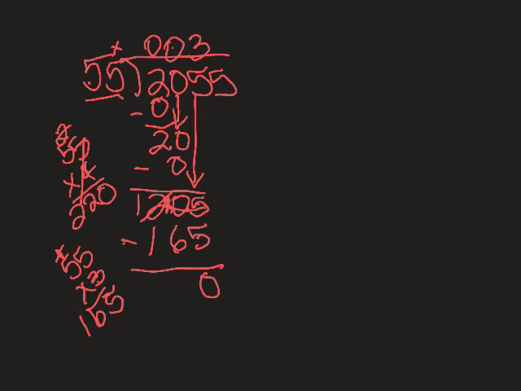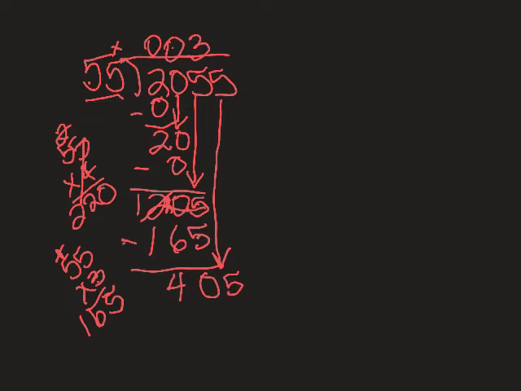So I have 10 minus 6. I know it's kind of hard to see, but 10 minus 6 is 4. And then 1 minus 1 is 0. Okay, so it looks like I need to now bring down this 5.